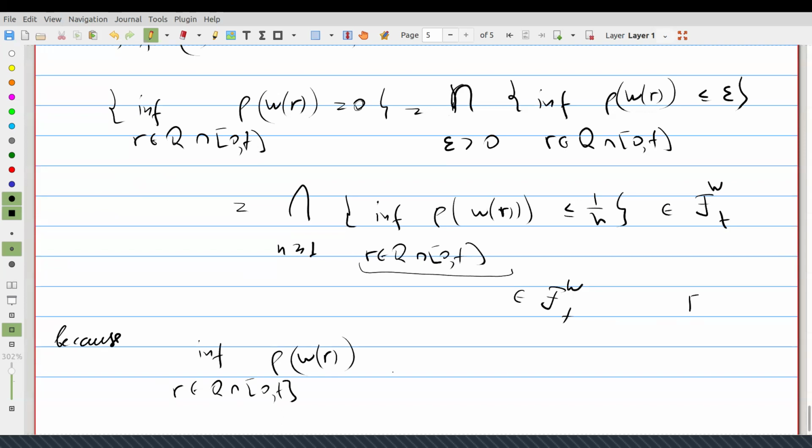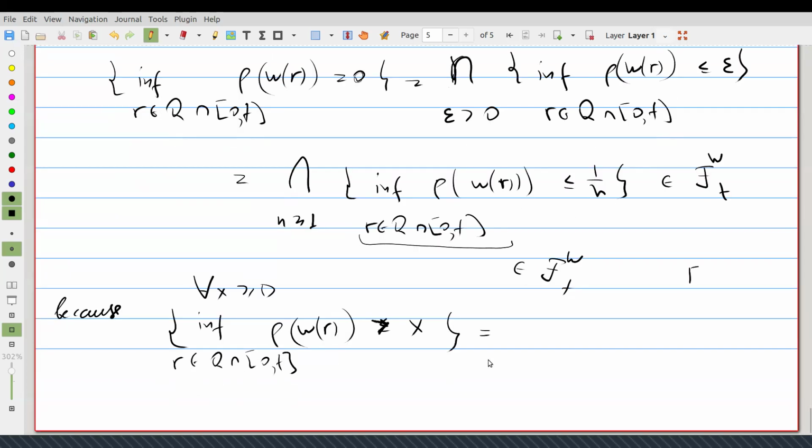Now, this is the infimum over the set. If the infimum is less than x, or say even greater than x, maybe we will do it.